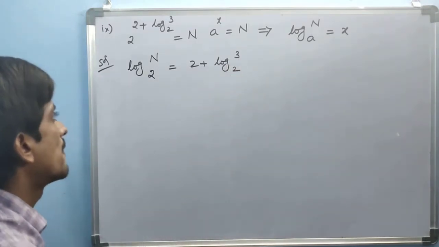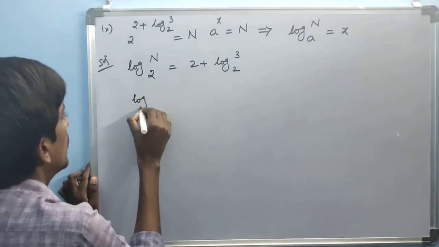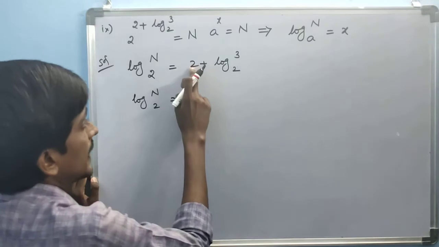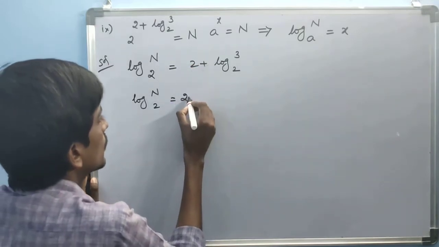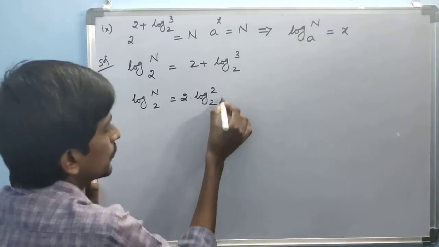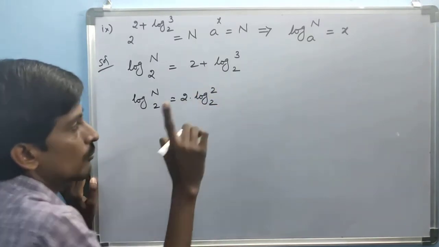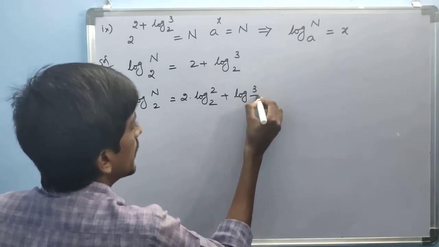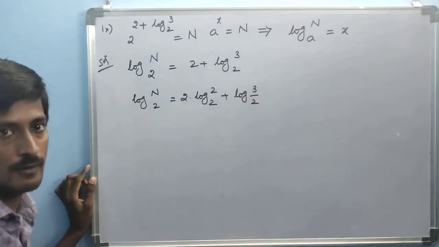Okay. Log n base 2 equals to, I can write 2 as 2 into log 2 base 2. Same number, that value is 1 plus log 3 base 2. Okay.